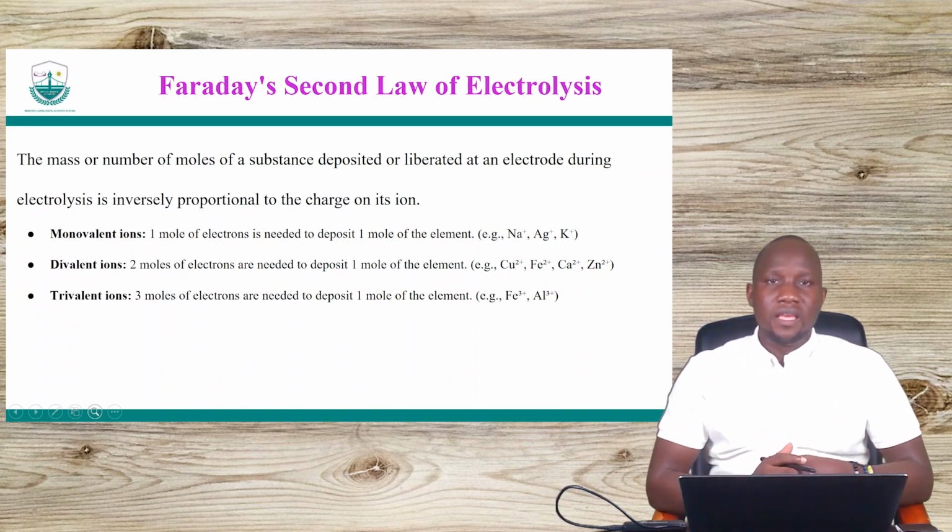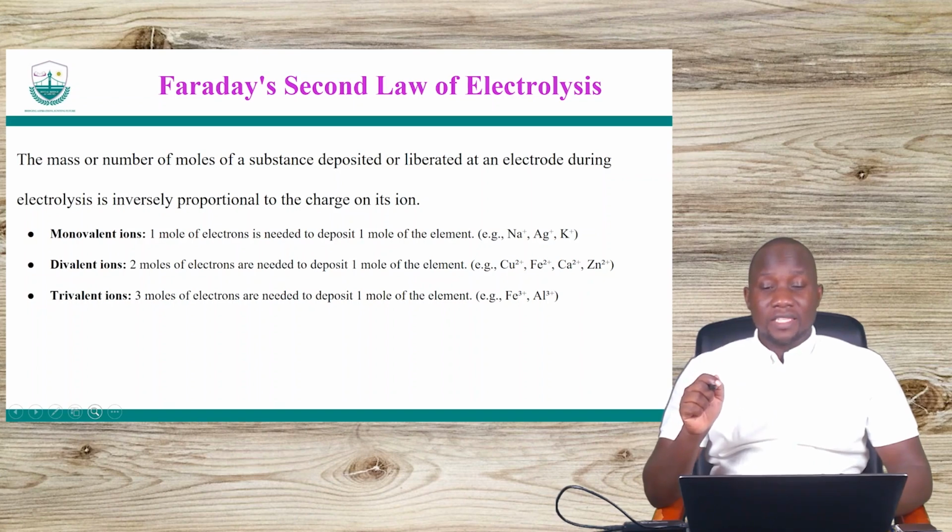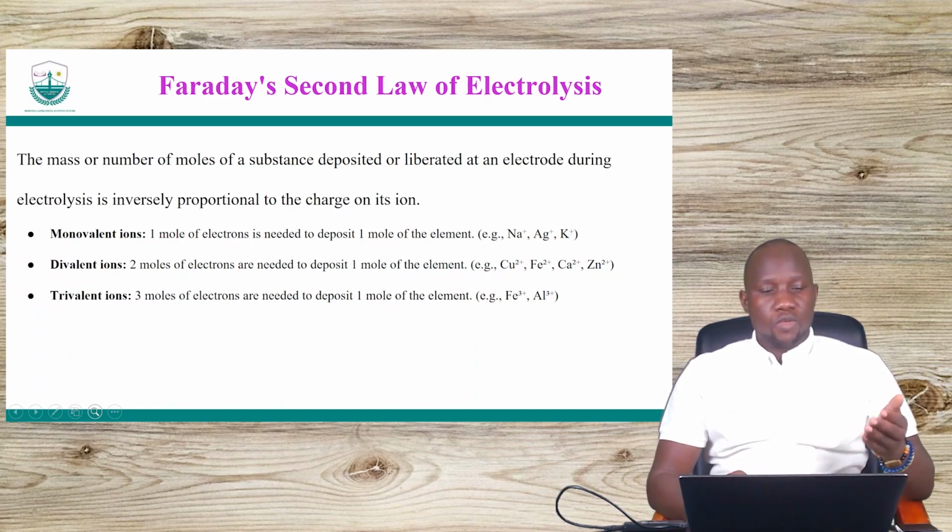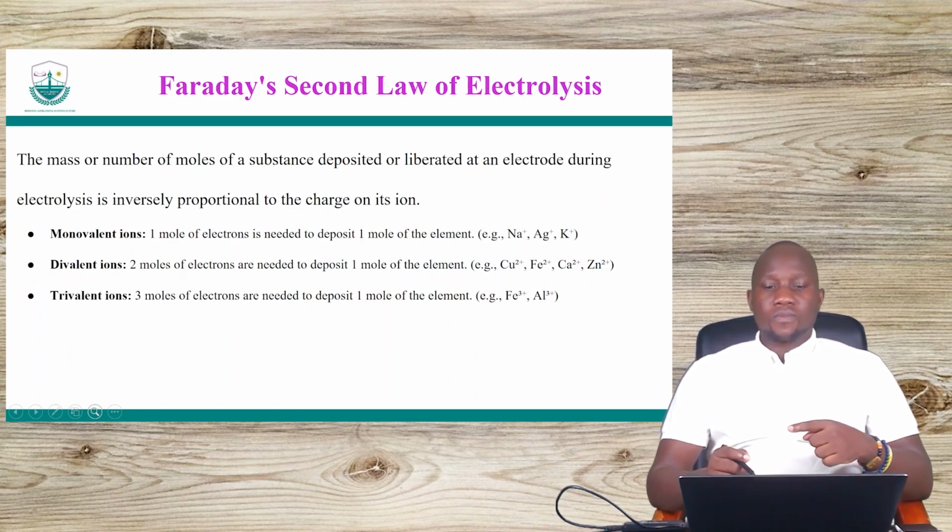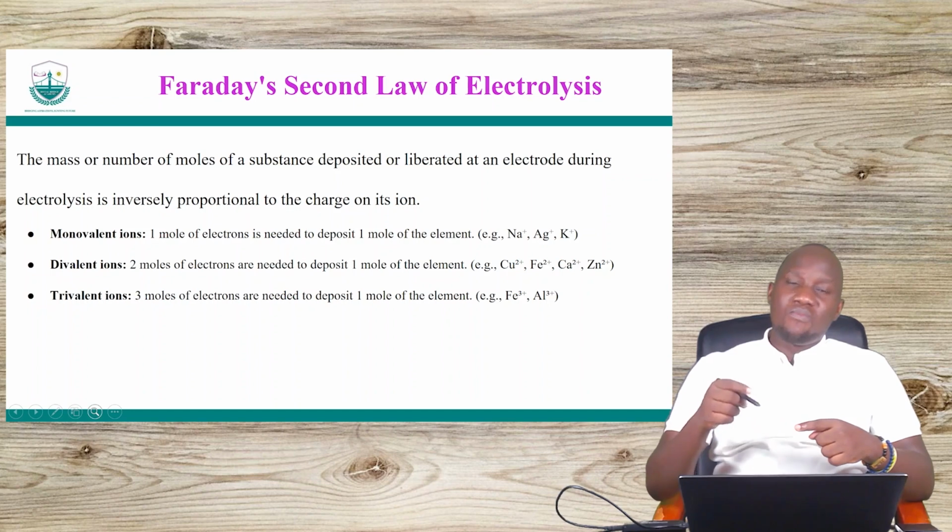That is what we mean by inverse relationship. So for example, for monovalent ions, 1 mole of electrons is required to deposit 1 mole of that element. But for divalent ions, you need 2 moles of the electrons to deposit 1 mole of that element.